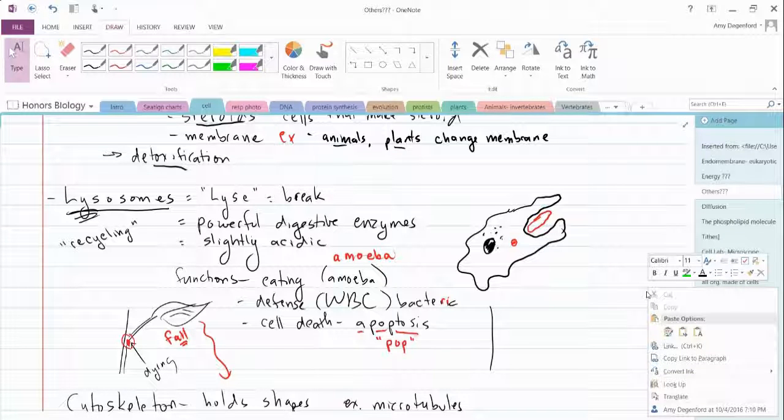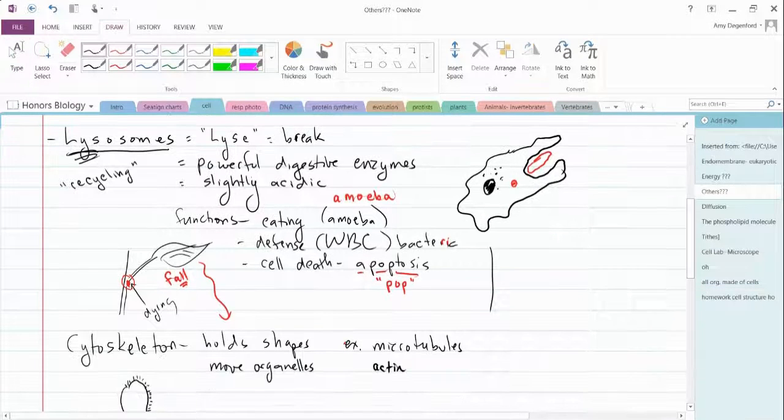And lysosomes actually are going to be involved to tell those cells to release those digestive enzymes. And then as they do that, they are going to be digested themselves. That's an important part of what trees do. So here's a white blood cell that might be engulfing the little paramecium inside.